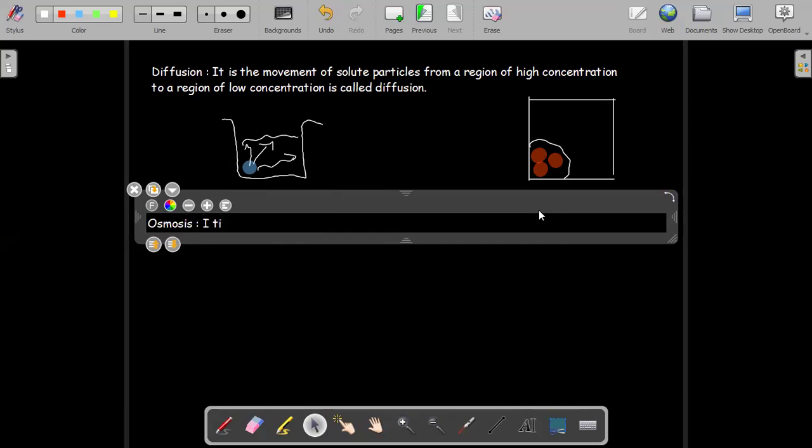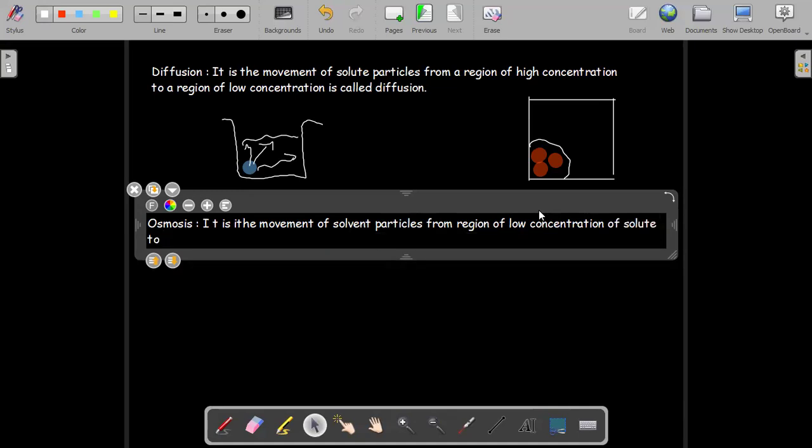So osmosis is the movement of solvent particles from a region of low concentration of solute to high concentration through a semi-permeable membrane.